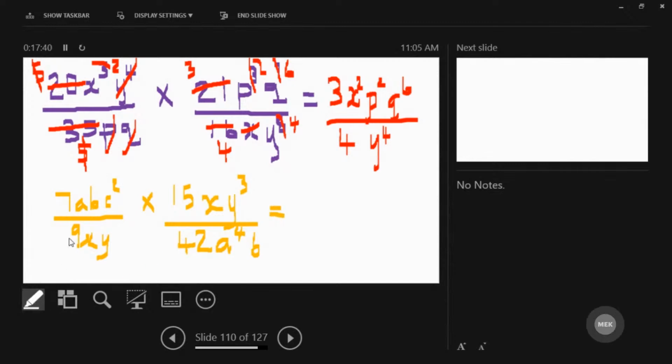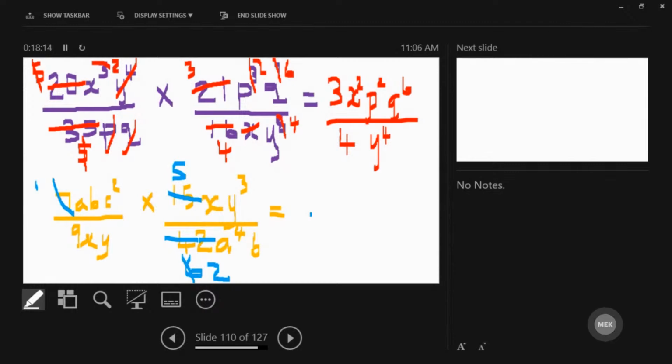So let's look at these and see what can be cancelled. In terms of the coefficients, 7 can go into 42 6 times. We can use 3 to cancel the 9 and the 15. So 3 into 6, 2. 3 into 15, 5.